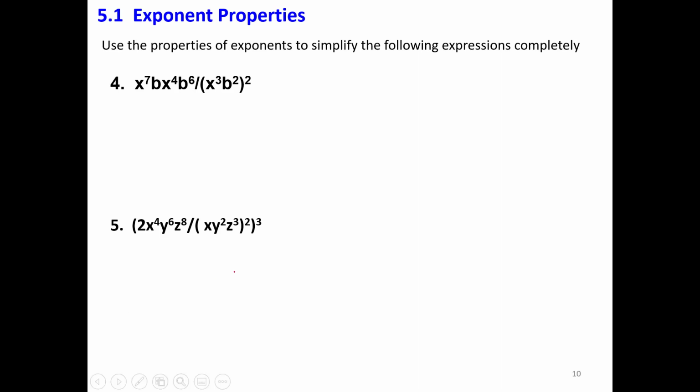Now let's try to simplify this expression, and let me write this expression here first.